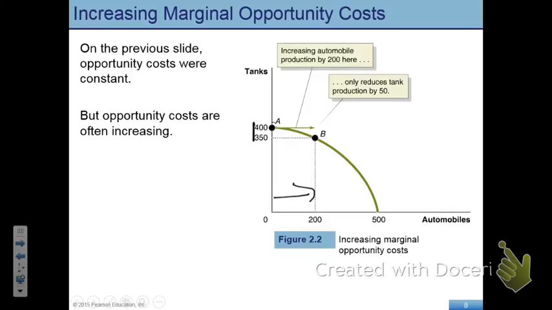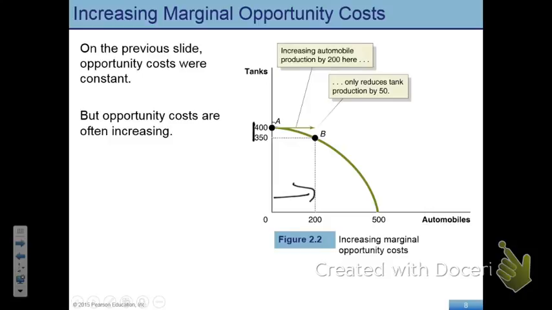Now, as you try to produce more automobiles, because your economy needs more automobiles, you have to reallocate further resources away from the tank industry. And that might create a problem. Why? Because some resources could be really specialized in making tanks. Are we all clear on that?